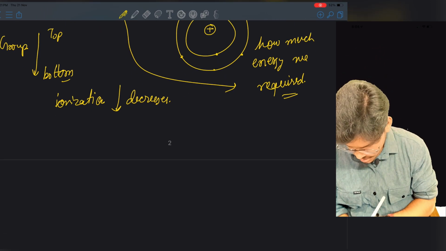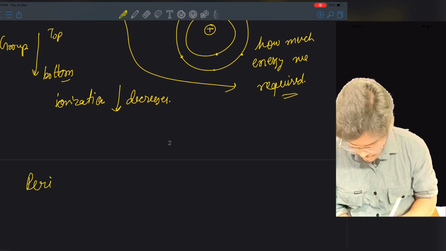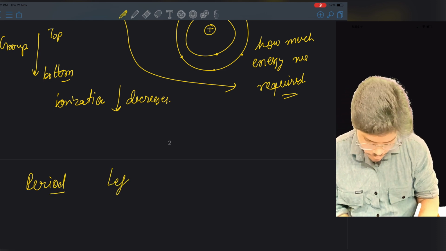Like this we can see in a period, going from left to right.